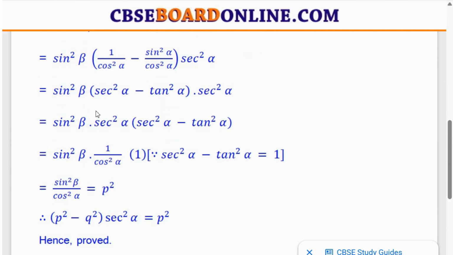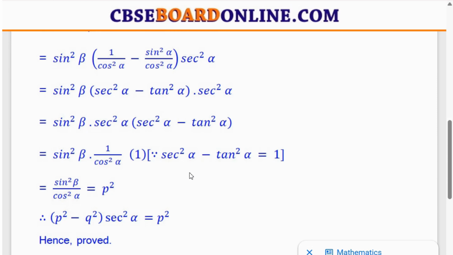This we have taken this and this sec out, so we have remained with this. Now if you are going to solve this, sec is equal to 1 upon cos, and sine upon cos is tan, right? And if you remember it very well, sec square minus tan square is 1. So sec square alpha minus tan square alpha is equal to 1.